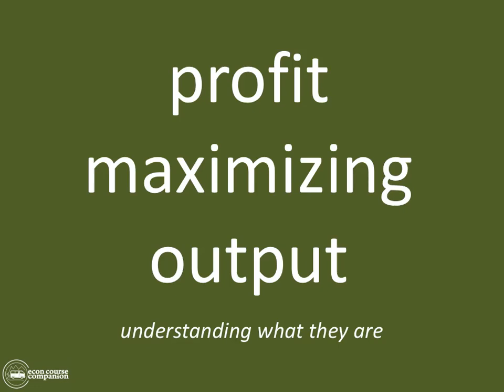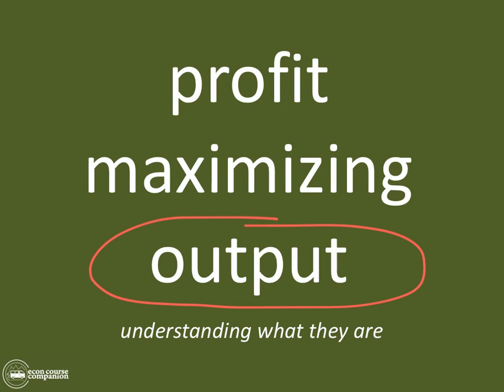This is Brad Cartwright with Econ Course Companion, and today we're going to take a look at a very important concept in the profit section of cost, revenues, and profit called the profit maximizing output. I'm going to draw a big fat red circle around output right from the beginning, because what you're looking for is a quantity of Q, a quantity of output.